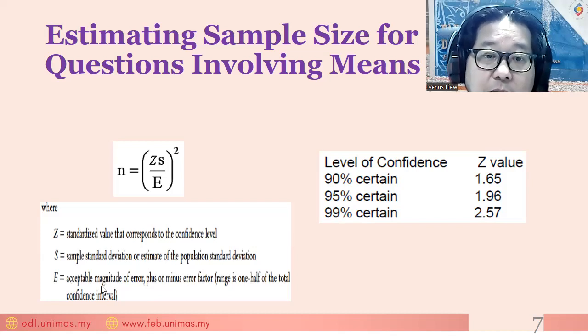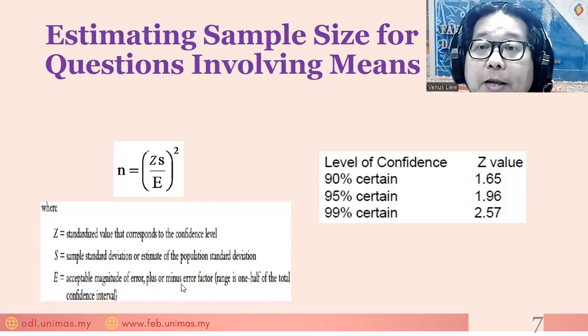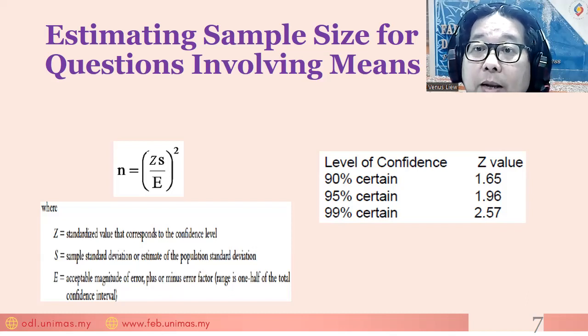E is the acceptable magnitude of error, which is the plus minus part. For example, we want to estimate the mean household income or mean household expenditure plus minus 100. So if the estimated value is 5,000, the range is 4,900 to 5,100.